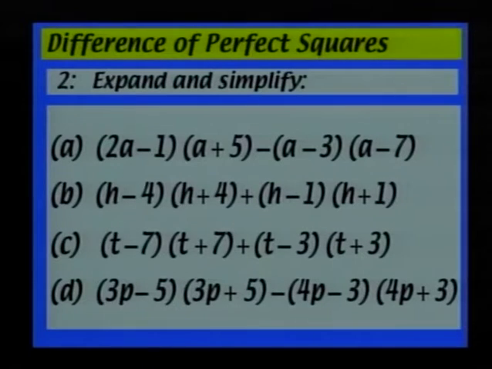Correct. Margaret, letter D. Minus 5p squared minus 34. Minus 25. Okay, you will note this one is very similar to the first question.